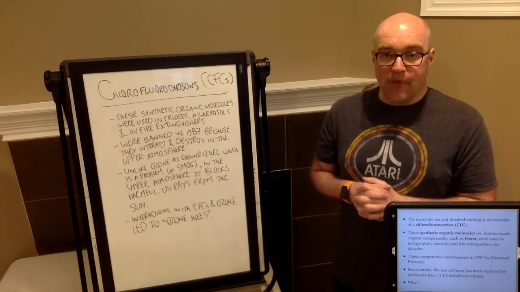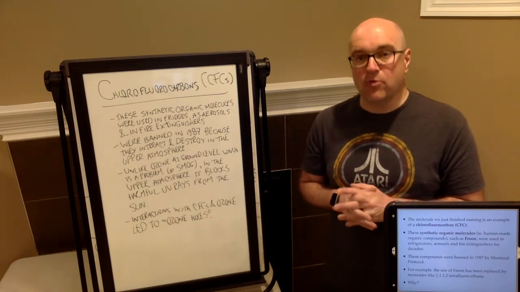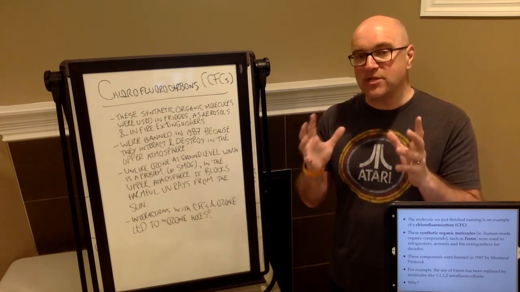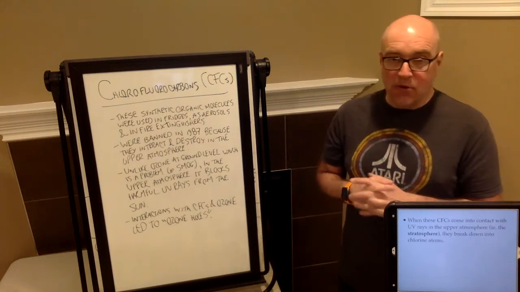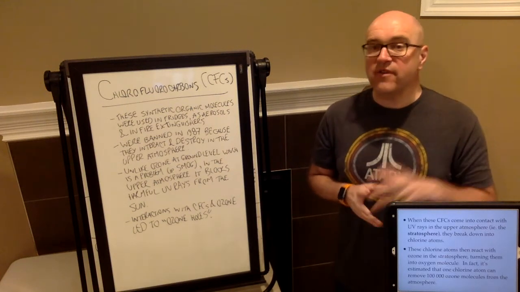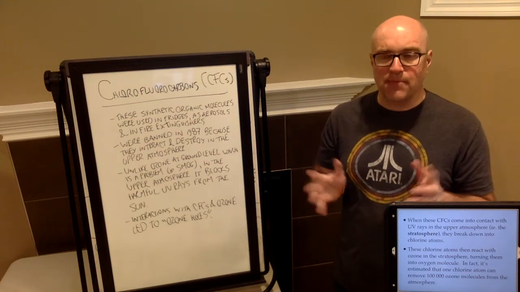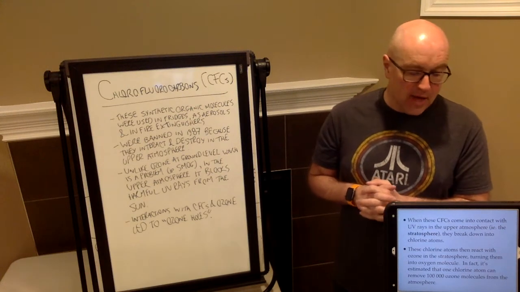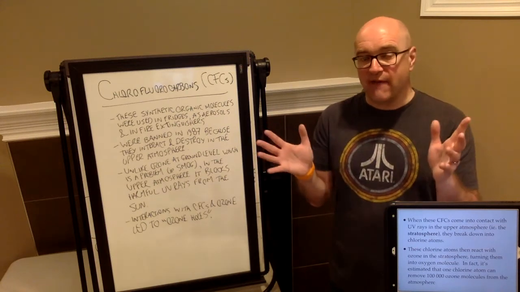It blocks out harmful UV radiation coming in from the sun, which prevents skin cancer and damage to organisms from these damaging ionizing versions of UV radiation, which are known as UVC rays. UVA and UVB are still considered to be somewhat risky, but they're not as bad as what we would call UVC rays.